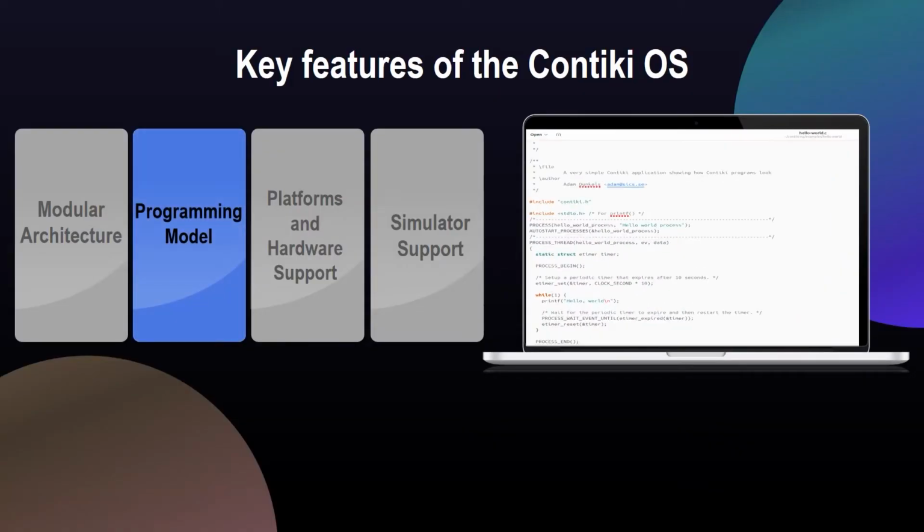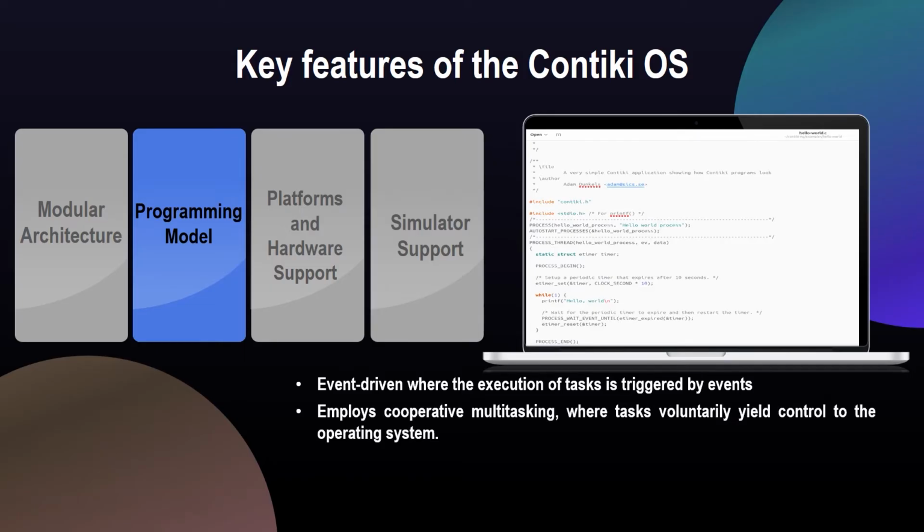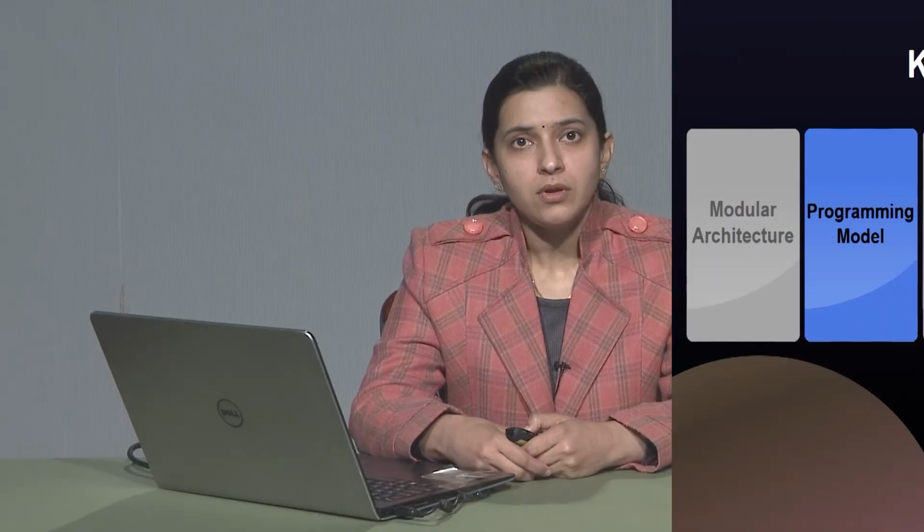Next is the programming model. The programming model of Contiki is event-driven, where the execution of tasks is triggered by events. Contiki employs cooperative multitasking, where tasks voluntarily yield control to the operating system. Unlike preemptive multitasking, where the OS forcibly switches between tasks, cooperative multitasking relies on tasks releasing control when they reach a yield point.